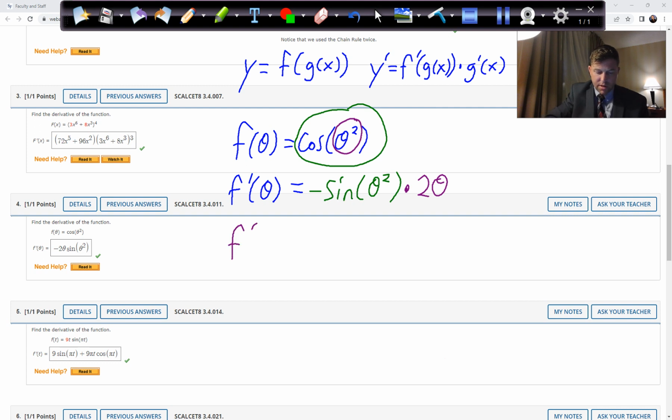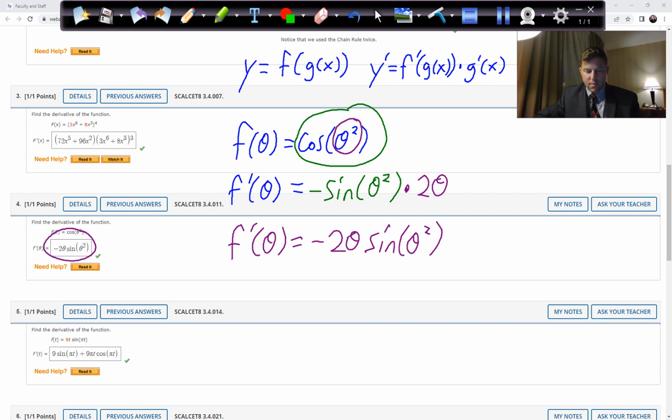So just pushing it all together, f prime of theta is minus 2 theta sine theta squared. Hopefully you're starting to see this outside-inside nature of these derivatives.